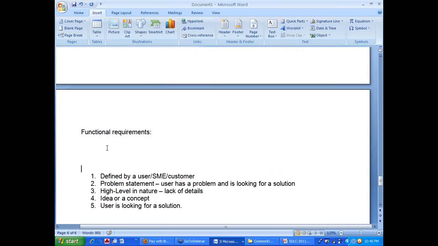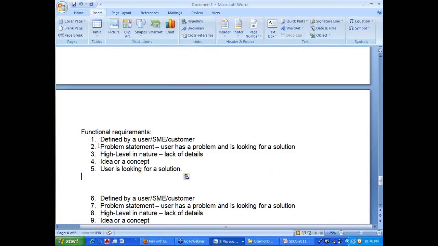Okay. Whatever requirements were earlier given were not enough. Earlier it was defined by the user, now it is defined by a BA with input from the SME and user.